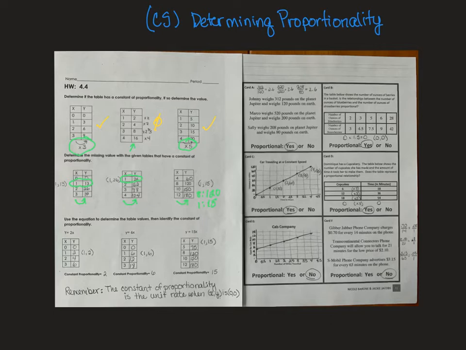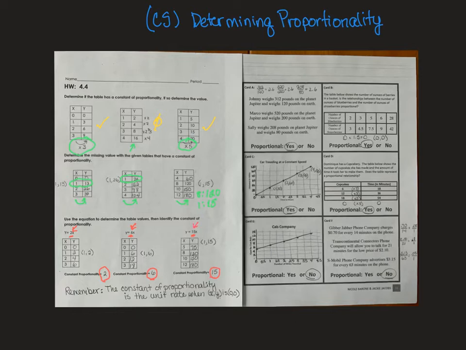In this, I want you to notice that this is the constant of proportionality. That is the number I'm multiplying by. And you see that they have you restate it down here. They want to make sure that you're connecting the fact that the constant of proportionality is written as a number you are multiplying times the x.